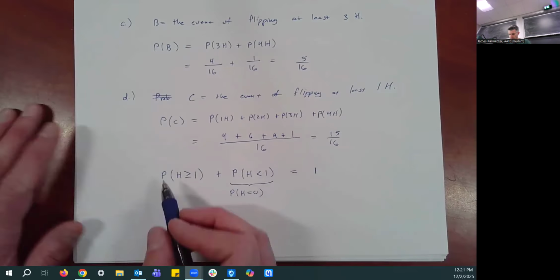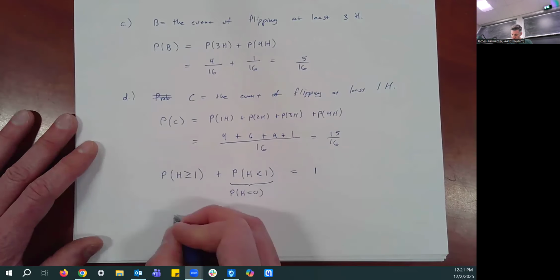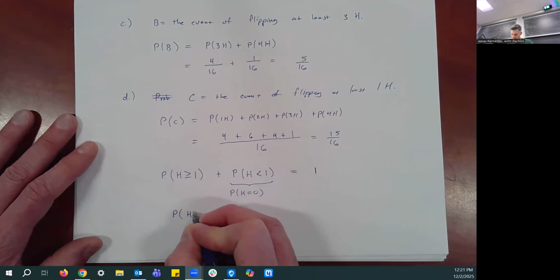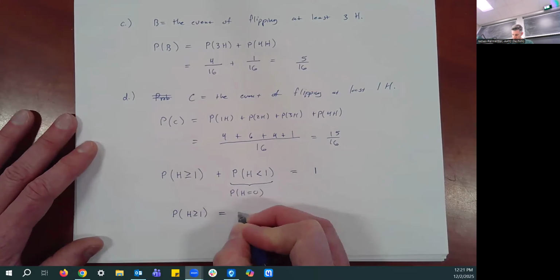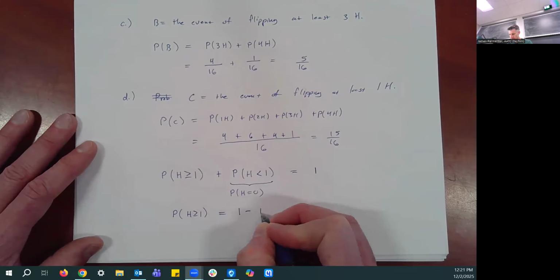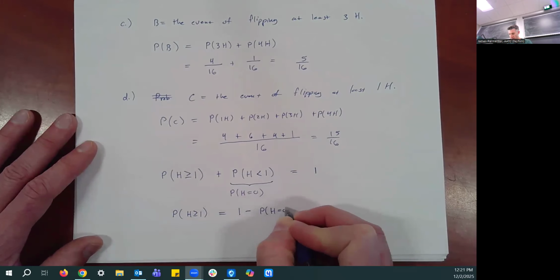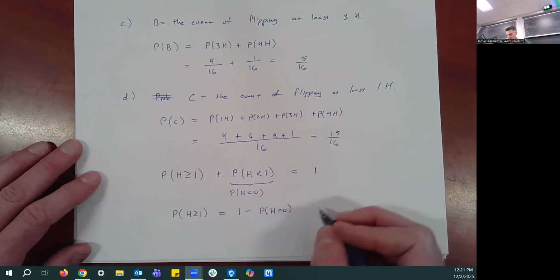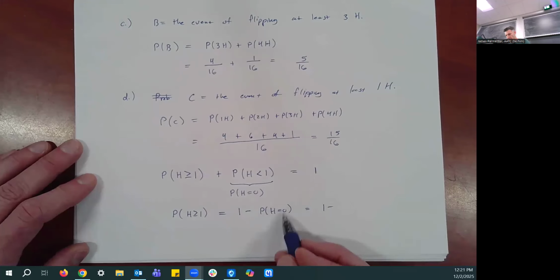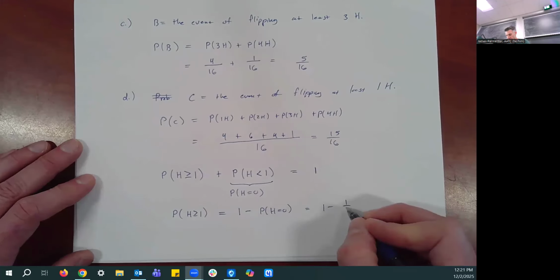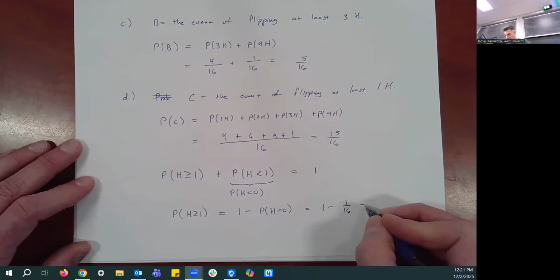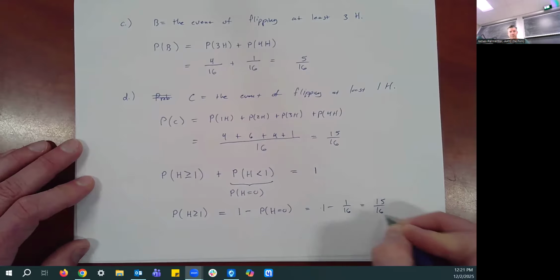And so if I want to find this here, I could say, oh, well, the probability that the number of heads is bigger than or equal to 1 is equal to 1 minus the probability that the number of heads is equal to 0. And that's, in my opinion, a little bit less work. Probability of getting 0 heads is 1 out of 16. And 1 minus 1/16 is 15/16.